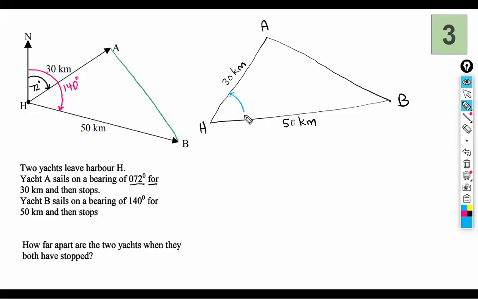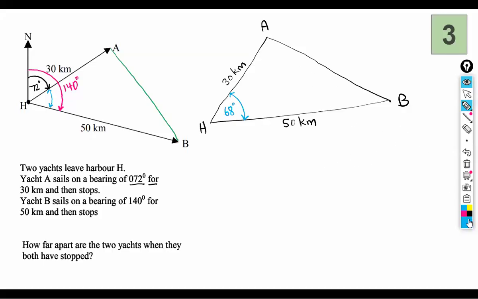This blue angle, will anyone be able to reason it out? It's almost like the race. The full race is 140 and somebody only runs 72. So the blue is just the balance of the race. I think you had to do some minus in there, right? 140 minus 72, which is 68 degrees.